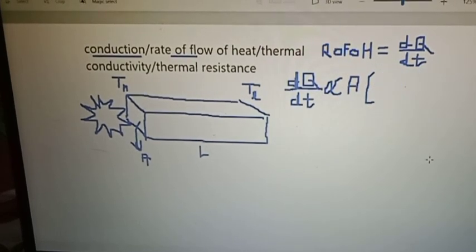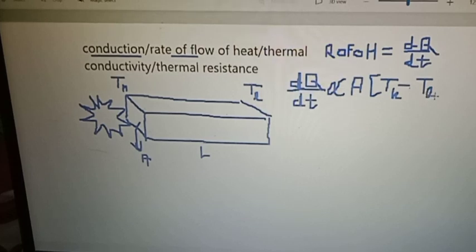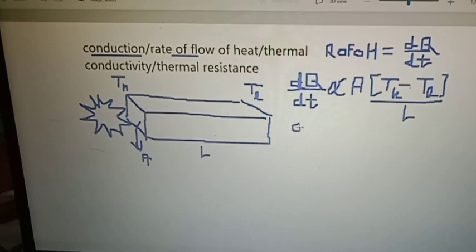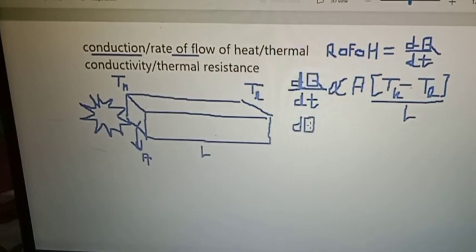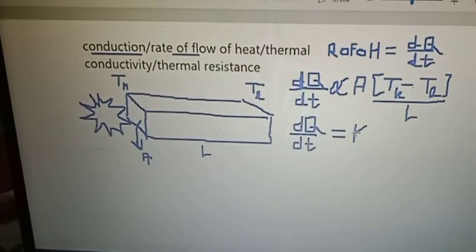Instead of writing dT by dx, because I'm taking a general case, I'm directly writing, instead of dT, temperature difference, which is TH minus TL, upon, instead of dx, I'm writing L. So in case there is some continuity and some kind of variation in T with respect to x, we can also put dT by dx, but in simple cases we can do this.